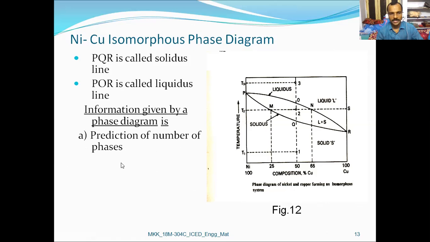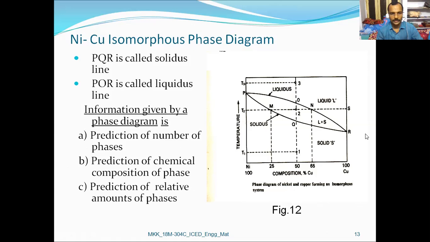So in this phase diagram, what information is given? First is prediction of the number of phases, which means how many phases are available in this particular component at a given composition and temperature. Next is prediction of the chemical composition of each phase.